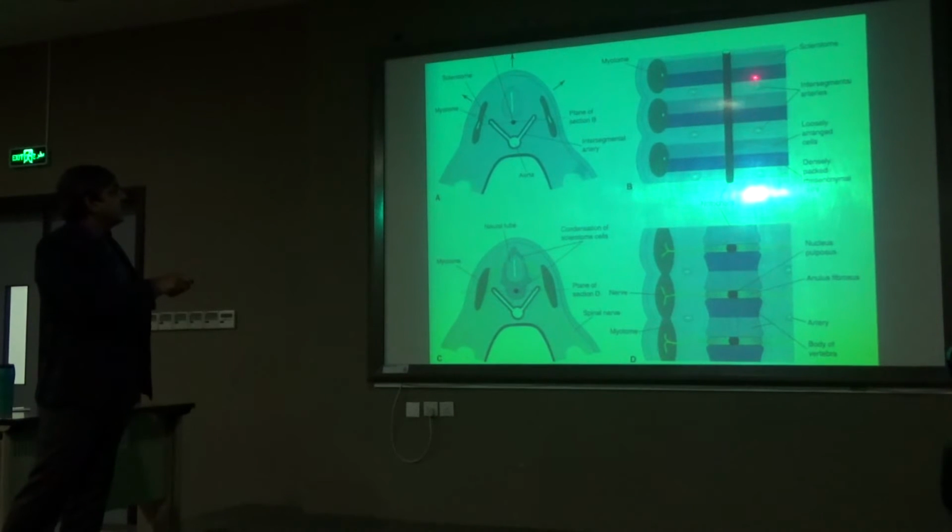The lower portion of one sclerotome meets with the upper portion of another sclerotome. This is growing here, this is growing here. When this area meets with this area, this color will come up.